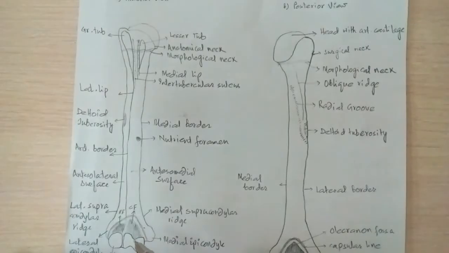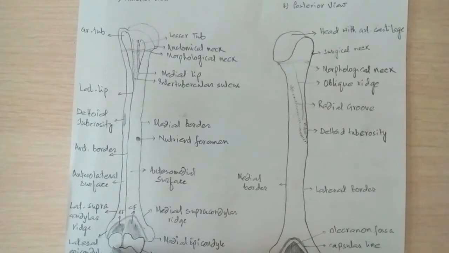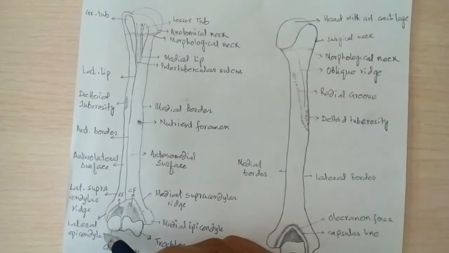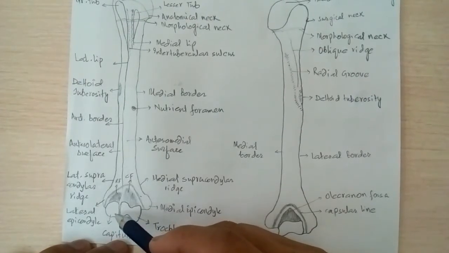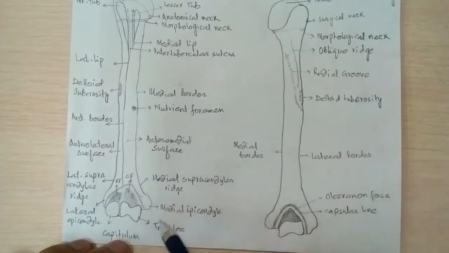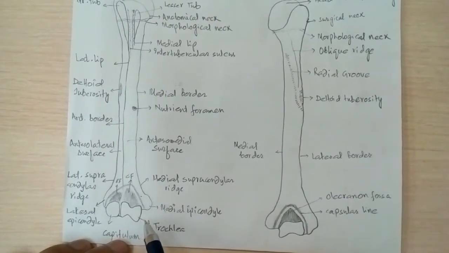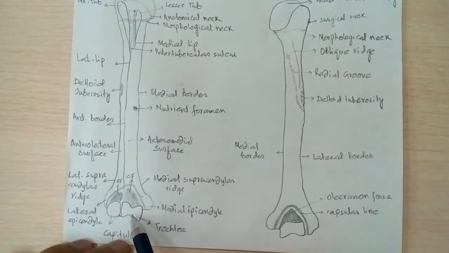And the capitulum, the little head, is a rounded projection on the lateral side which articulates with the radius. And the trochlea is medial to the capitulum, as you can see here, and it articulates with the trochlear notch of the ulna.